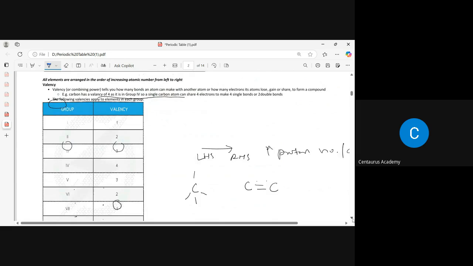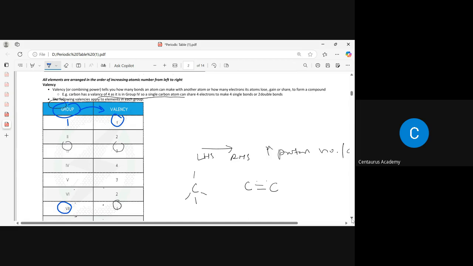Okay. So I told you that the group number is going to identify the valency of that particular atom, and how are you going to get to know the valency? For instance, if an element is present in group 1, this means it is only going to lose one electron, so the valency tends to be 1. This is how you correspond the group with the valency. Similarly, group 7 elements only need to gain one electron to complete their outermost shell.